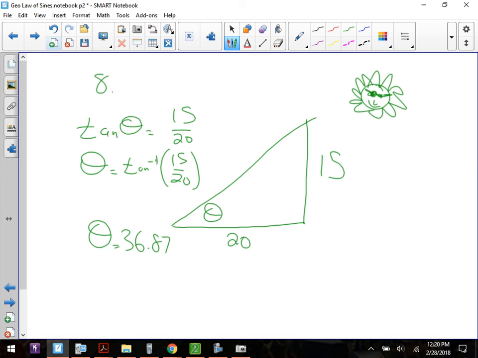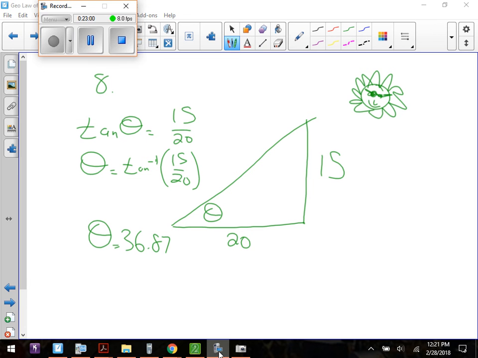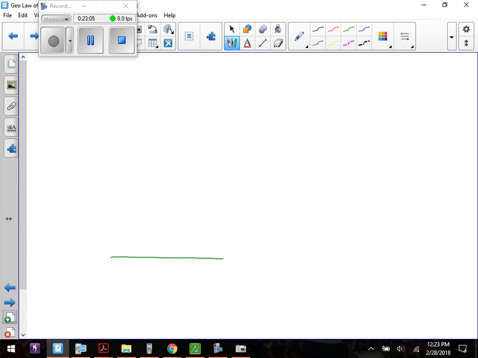Okay. Take a minute and try number 9, the elevation one. A plane takes off, and it's climbing. After takeoff, the plane flies in a straight line for a distance of 4,000 feet to gain an altitude of 800 feet.